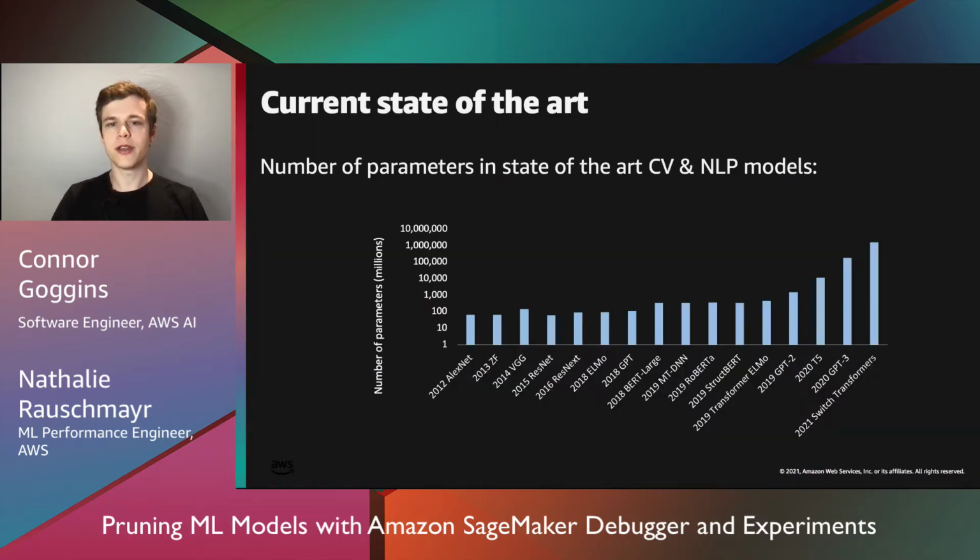First, let's consider the current state of the art in computer vision and natural language processing. The most sophisticated image classification models contain at least tens of millions of trainable parameters, and the best language models contain hundreds of billions or even trillions of parameters. Note that the y-axis of this chart is on a logarithmic scale.